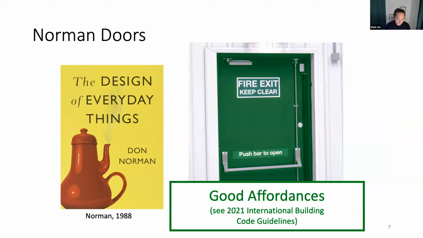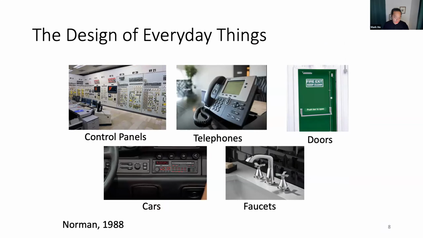And so now there are actually laws for designing fire exit doors as a result of these kinds of tragedies. So even thinking about designing things that have certain affordances, there are a lot of things to think about, things like control panels, cell phones, doors, cars, and faucets, and so on.